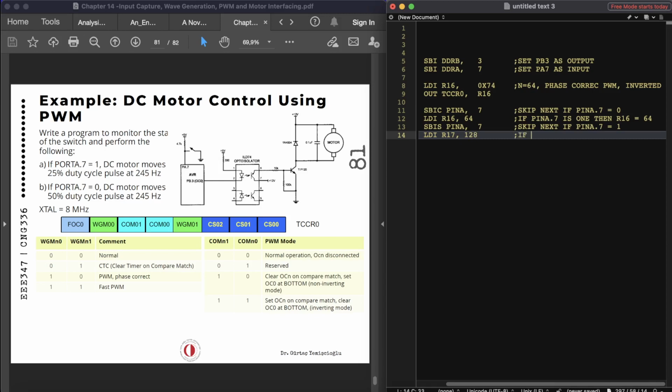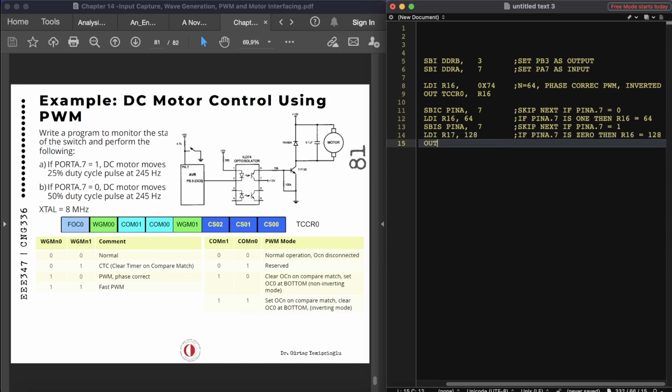So we can say if pin A7 is 0, then R16 equals 128.